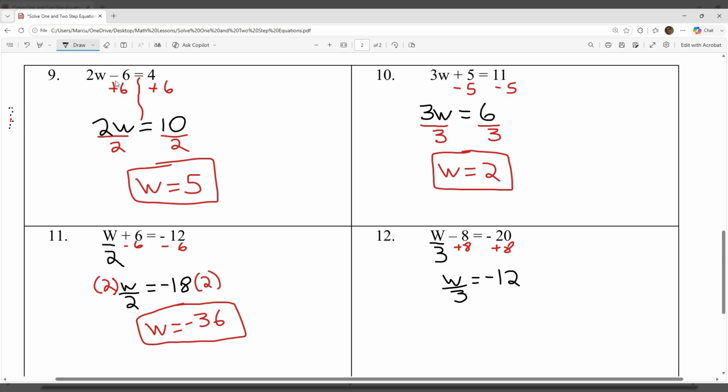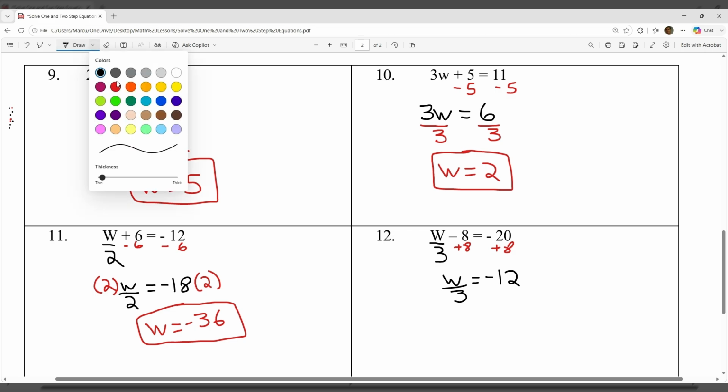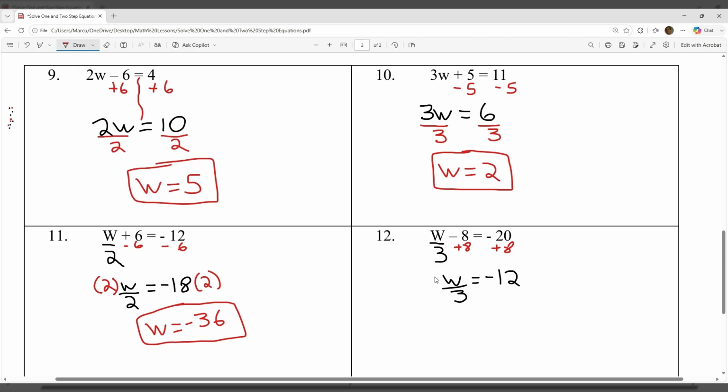And then your final step, instead of dividing by 3, we're going to multiply by 3. So like this, both sides. So we get W is equal to negative 36. And that's how we solve two-step equations.